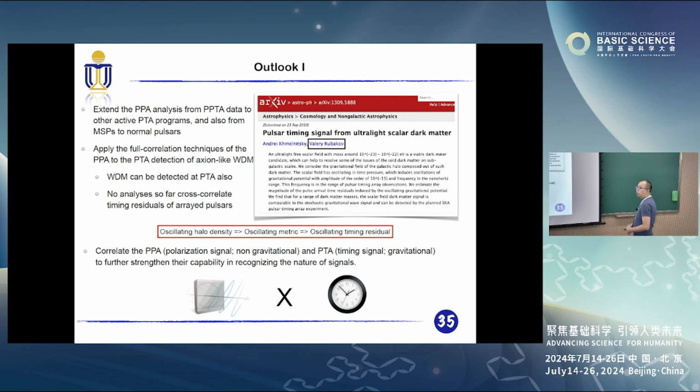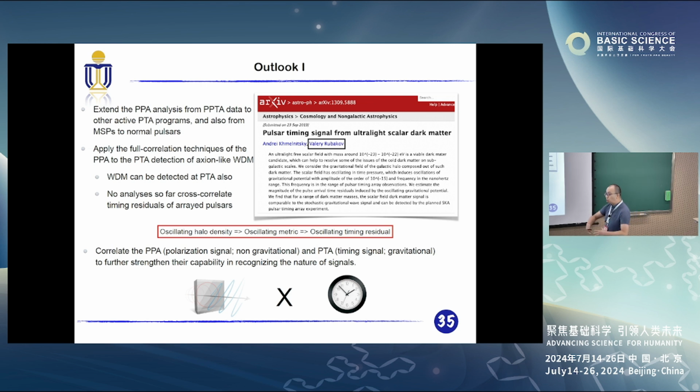Actually, it has been known for a while that pulsar timing arrays can be applied to detect ultralight wave dark matter. This idea was proposed by Rubakov and his collaborator about 10 years ago. But unfortunately, Rubakov passed away, I think the year before last. The idea is like this.